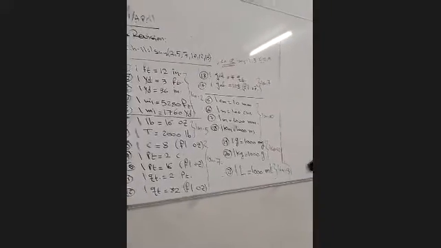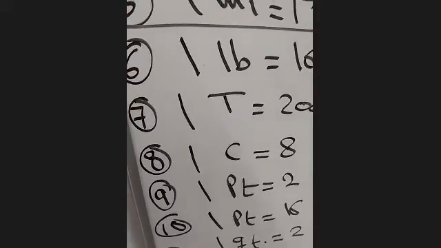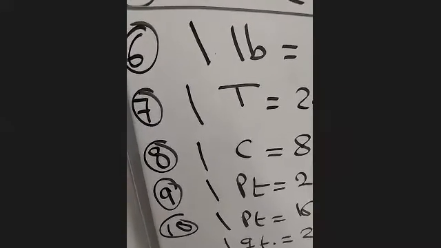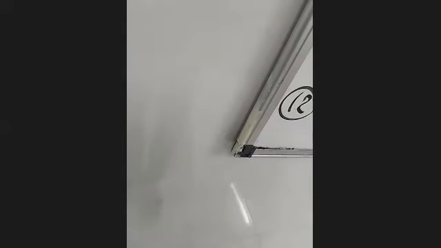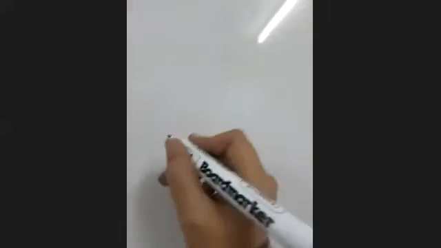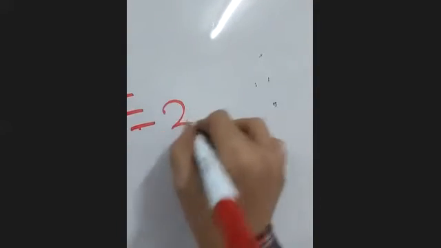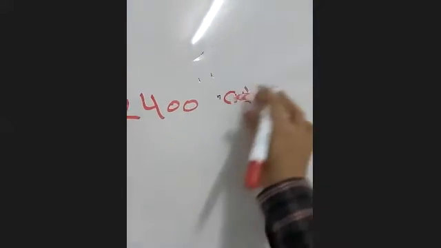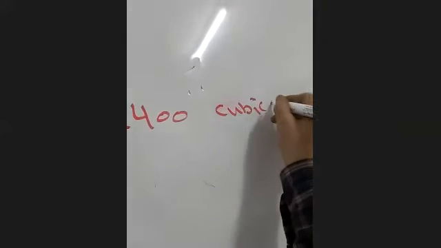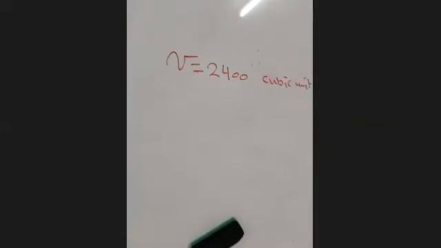Page 960, question 7. I didn't understand it. Describe the dimensions of two different prisms that each have a volume of 2,400 cubic units.